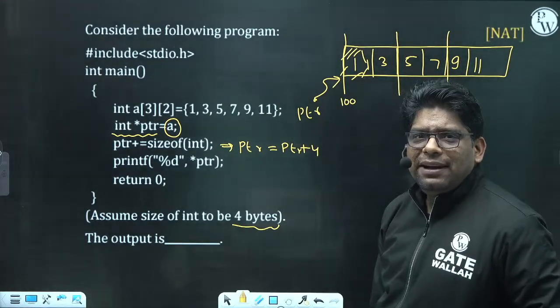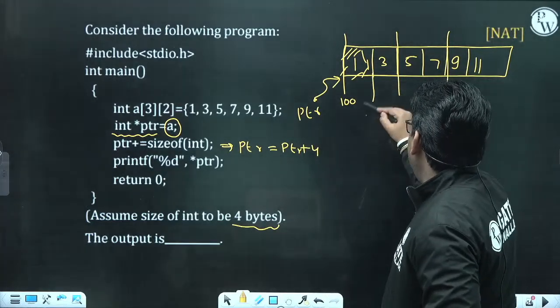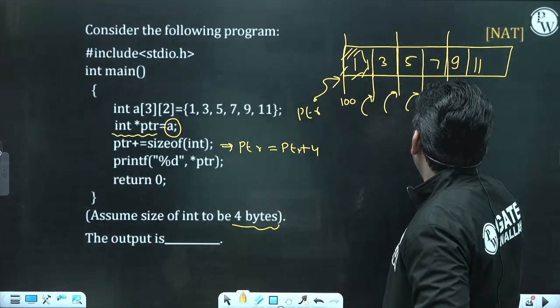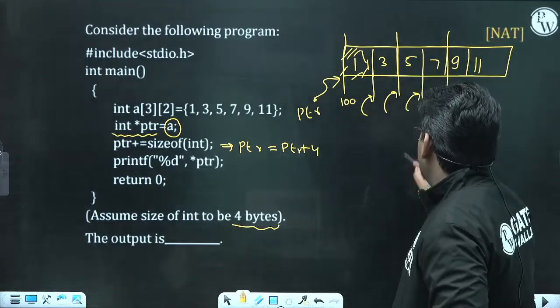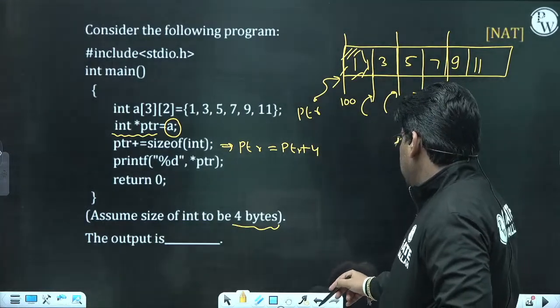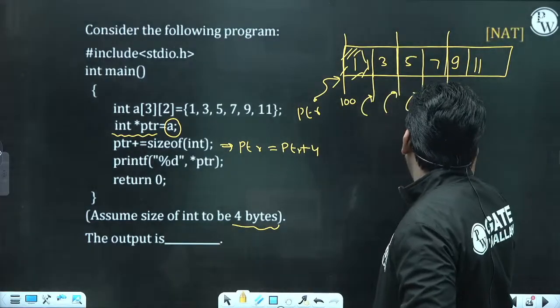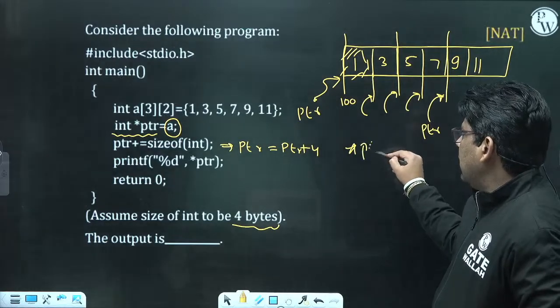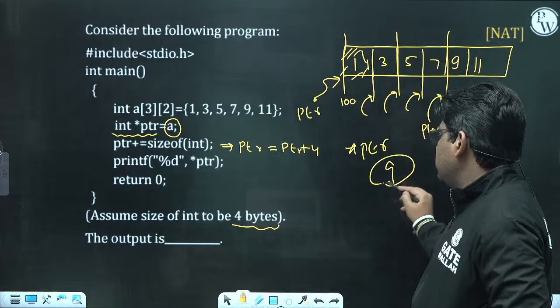Who is saying 3? Don't say 3. When you do PTR plus 4, plus 1, plus 2, plus 3 and plus 4, this becomes PTR plus 4. Is that okay? So when you do PTR is equal to PTR plus 4, PTR will point to 9. And when you do star PTR, actually you are saying the value at the address which is 9.